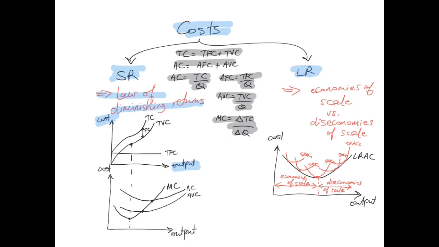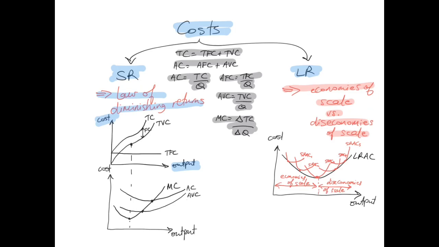Now, in the long run, we use the concept of economies of scale versus diseconomies of scale to analyze changes in costs in the long run. Remember in the previous slide, I talked about increasing, constant and decreasing returns to scale. When the firm is experiencing increasing returns to scale, this translates into economies of scale when you look at its long-run average cost.